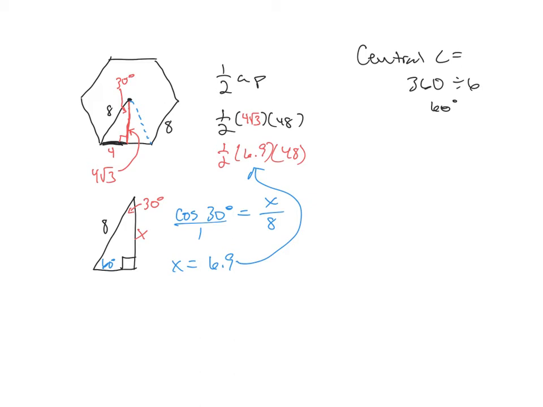So coming back up to the red part up here, I'm going to do half of 48 is 24, and then I am going to actually use a calculator just to speed it up, 6.9, and I get 165.6.